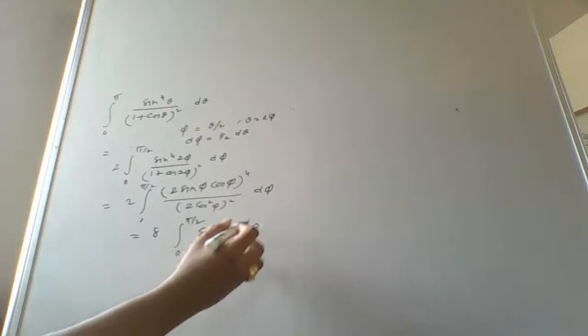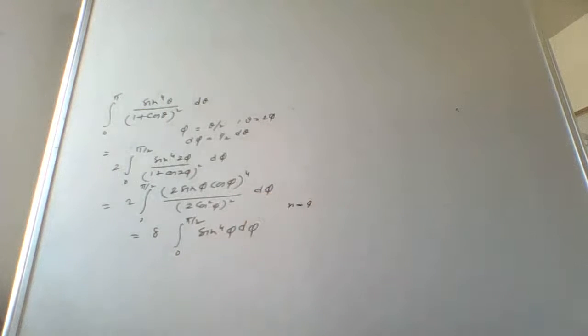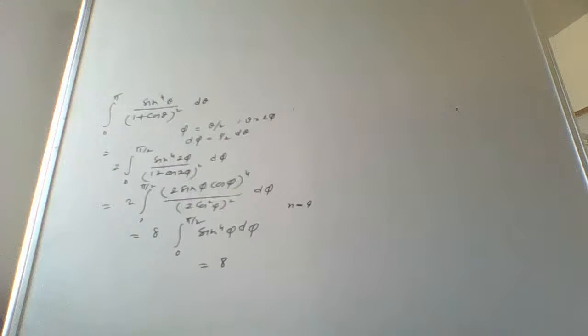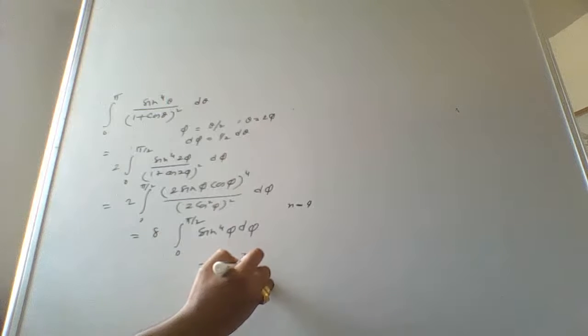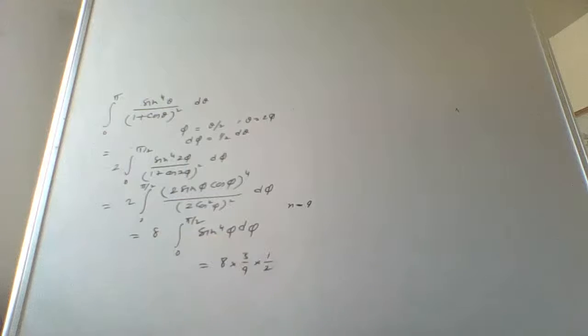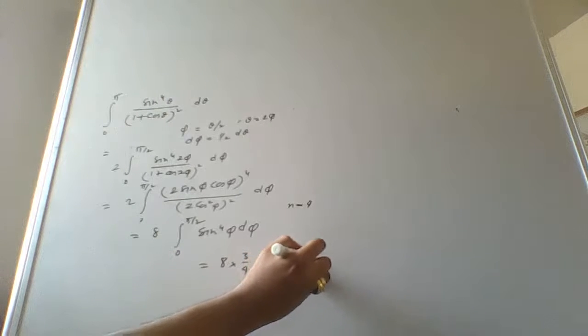Okay. So n being even, which is 4, let us try to write it using the reduction formula. This is 3 by 4 into 1 by 2 and pi by 2.